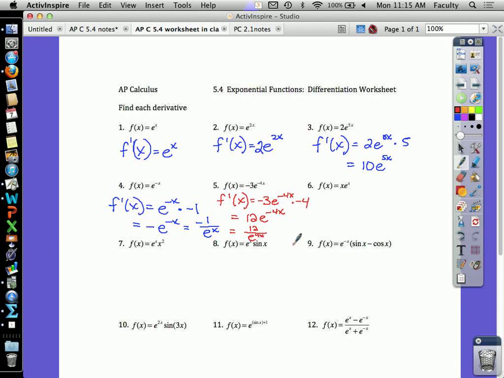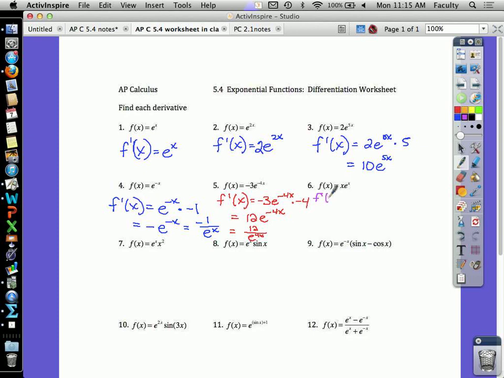Okay, this is actually pretty easy. Now, in number 6, f of x equals x e to the x. What is different about number 6 than all 5 of the other problems? We have a variable product, okay? So this does require the product rule.